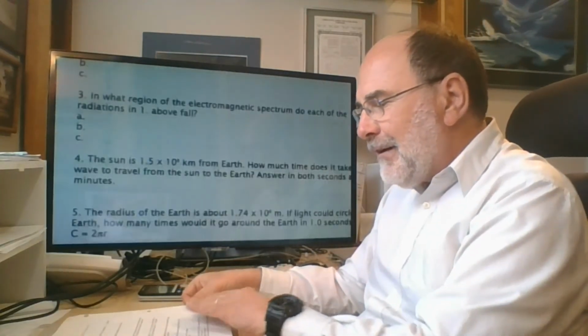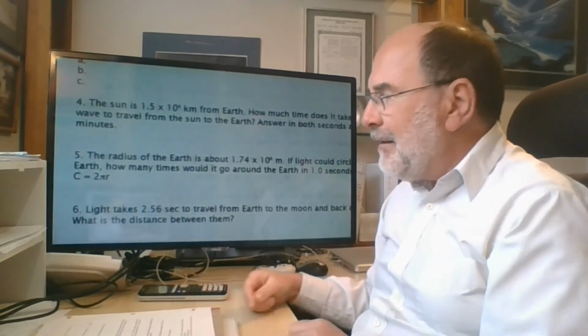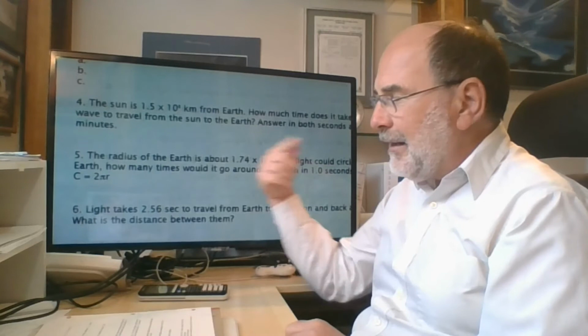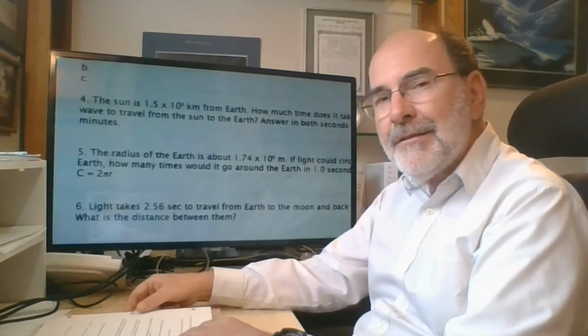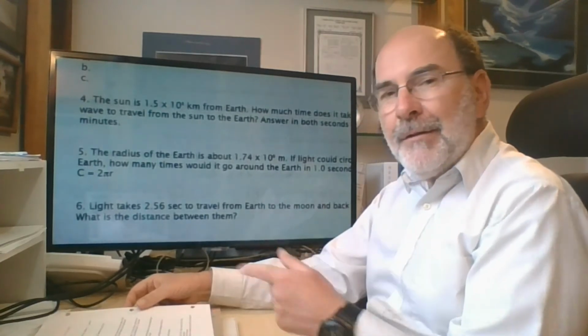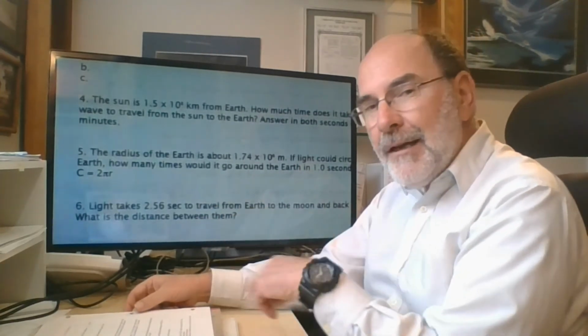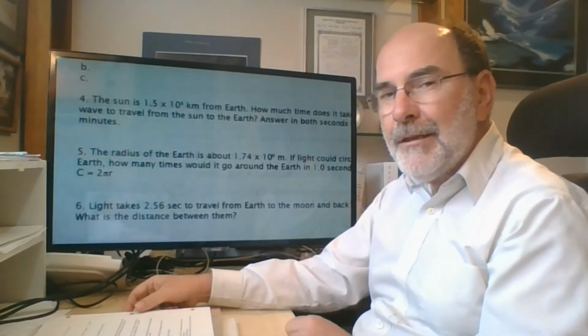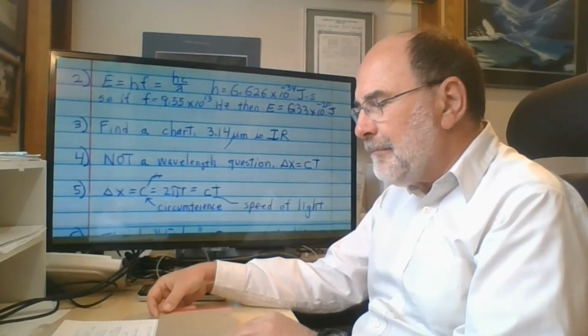All right, next one, number 5. Same idea as number 4, only this time they're saying, suppose I have the earth and I could travel around and around the earth. In 1 second, how long would it take light to travel around the earth? Or, phrasing it more correctly, how many times would it go around the earth in 1 second? So, of course, you need to take the radius of the earth.